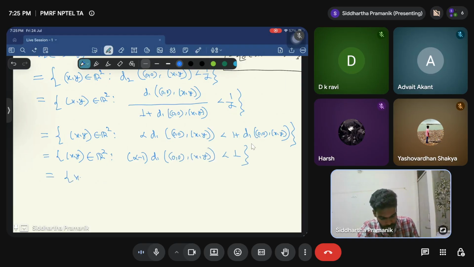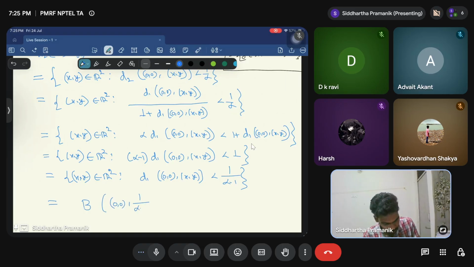So we can write this as d1((0, 0), (x, y)) less than 1 by alpha minus 1. But this is the open ball around (0, 0) of radius 1 by alpha minus 1 with respect to d1.